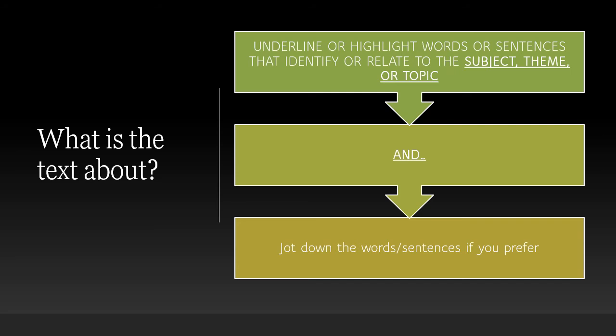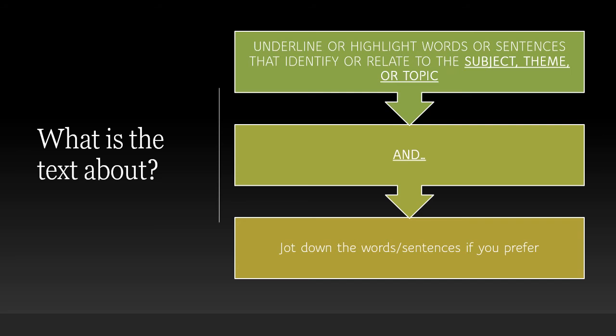And one thing we want to look for: what is the text that we're reading actually about? So as we're annotating, what is the topic, and what is it saying about that topic? We call that the theme of the text.